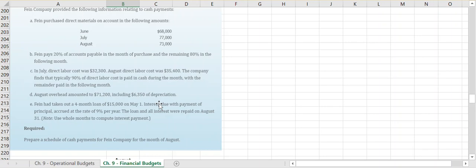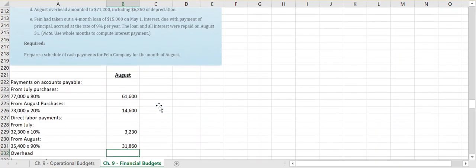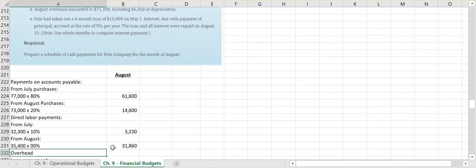It's simply a way of reducing the value of an asset that we're utilizing in our business. So because of that, we need to factor that out of our overhead amount. So $71,200 in total minus the $6,350 in depreciation. So really, our total overhead is only $64,850.